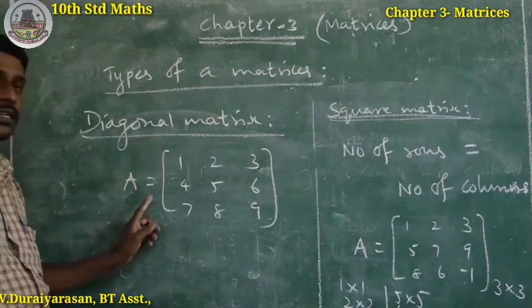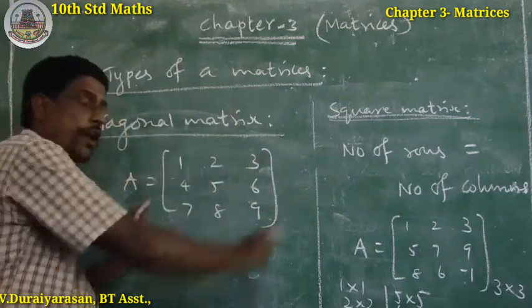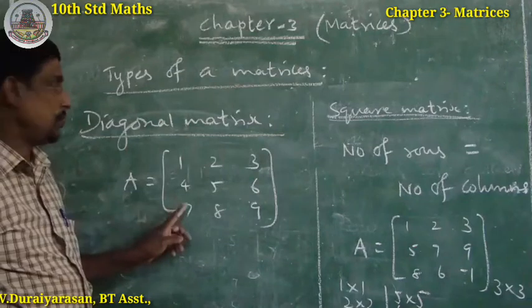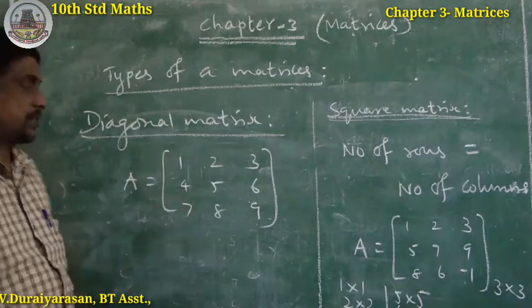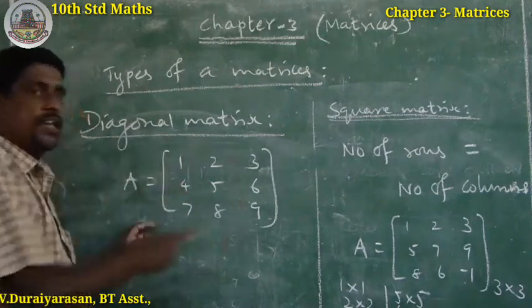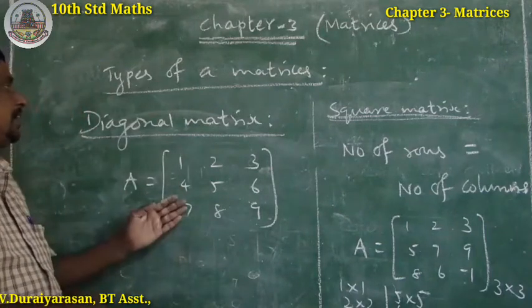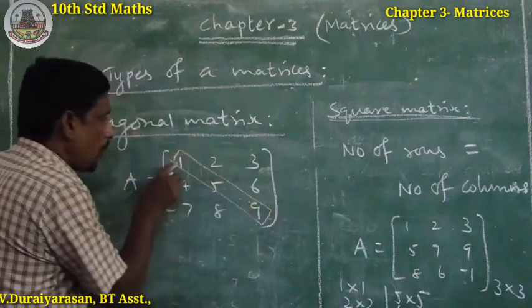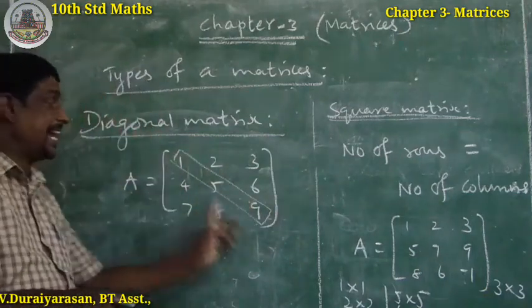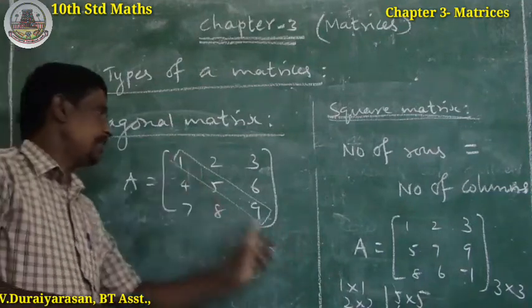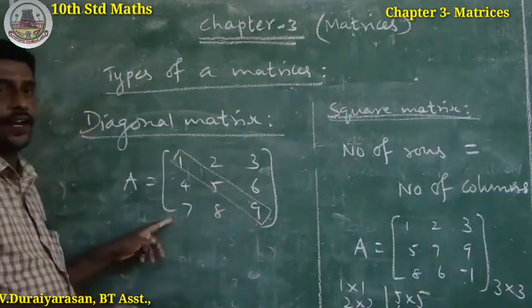First, the given matrix is a square matrix, with 3 rows and 3 columns. Except the diagonal elements, all others are 0 in a diagonal matrix. 1, 5, 9 is the diagonal. This is the leading diagonal, the first diagonal. This is the second diagonal.